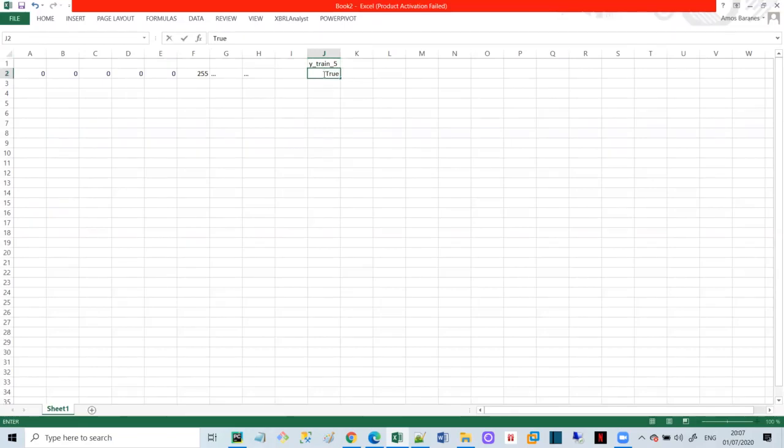If all those values represent the 5, that will be a true. If it's another number, you know, I have a lot of sequences here, I'm just making it up, all those numbers representing another number, let's say it's 6, so it will say false. I have 60,000 rows like that.